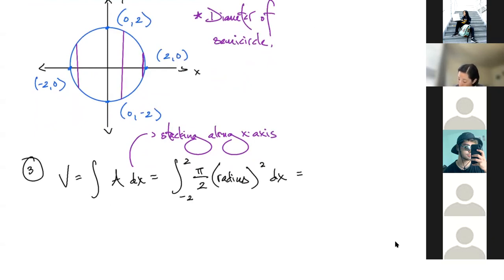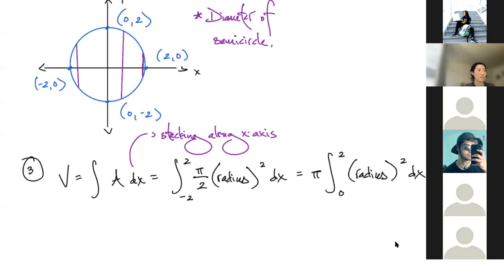I'm going to bring this constant out to the front, but I'm also going to change this bottom bound to a 0. Does that make sense to folks why we have a pi in the front now instead of a pi over 2?